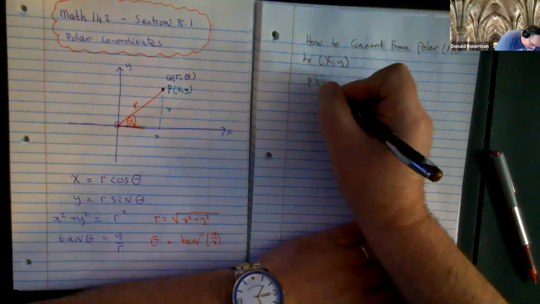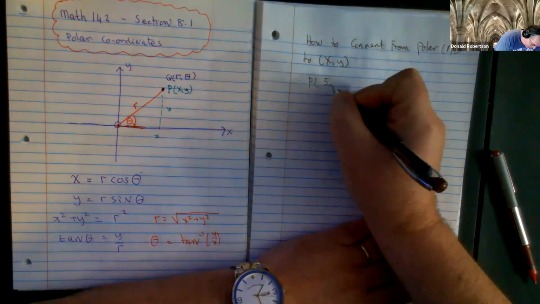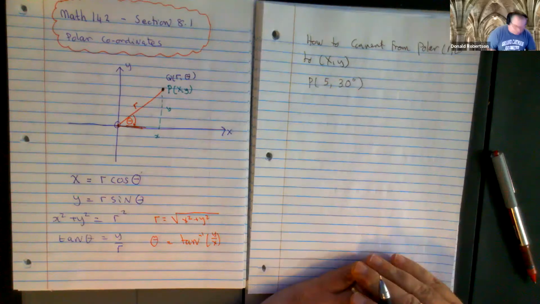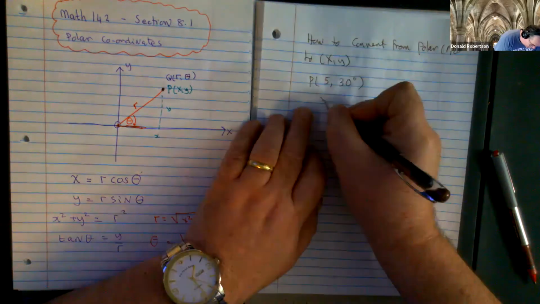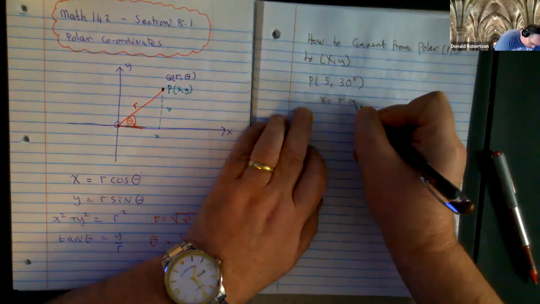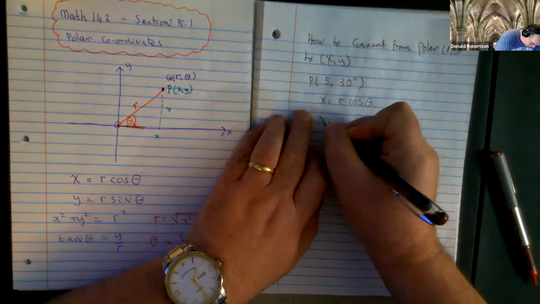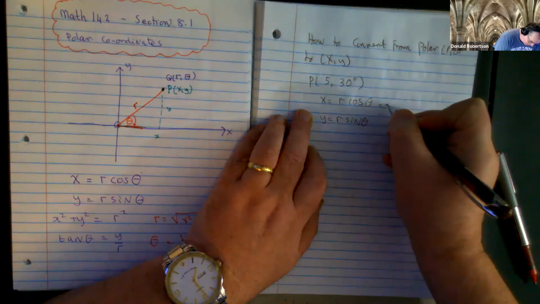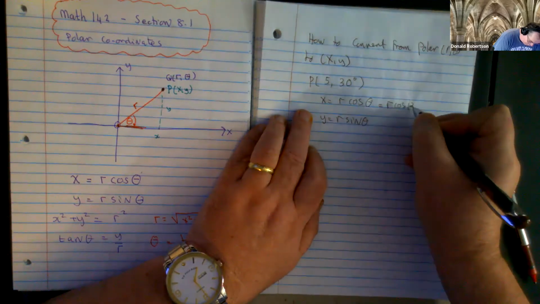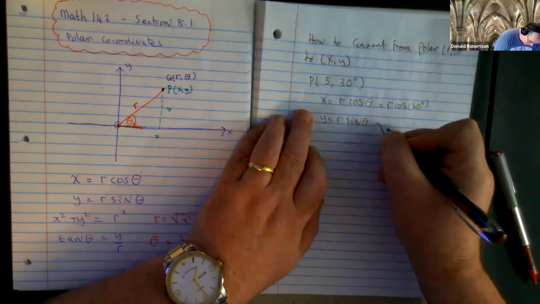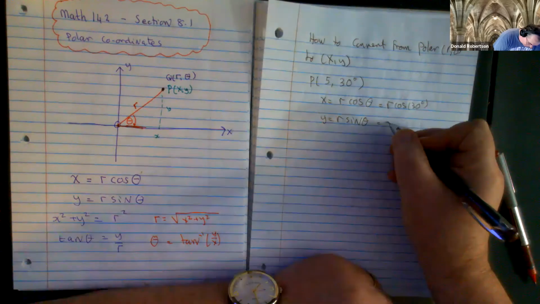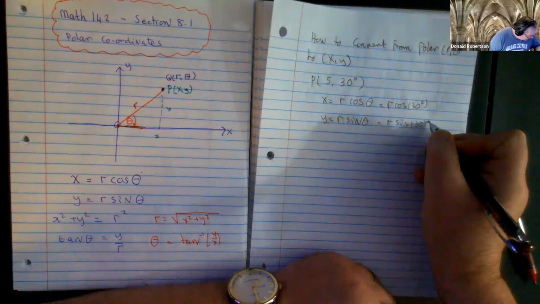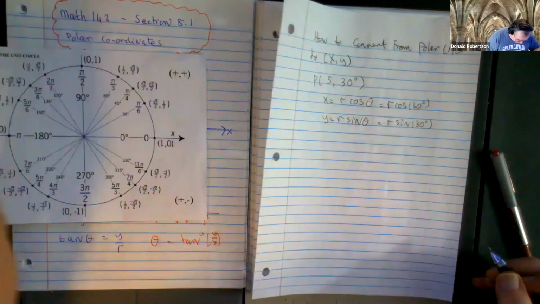Suppose I had the point P and it was 5, 30 degrees. The X coordinate is r cosine theta and the Y coordinate is r sine theta. So it's going to be r times the cosine of 30 degrees, and r times the sine of 30 degrees. And those ones happen to belong in the unit circle.